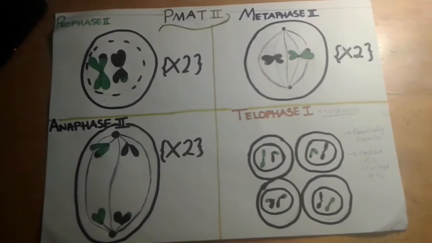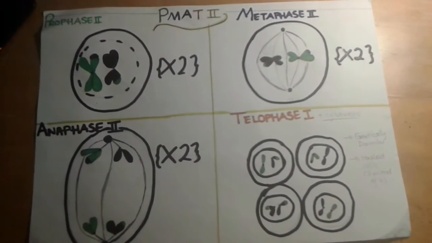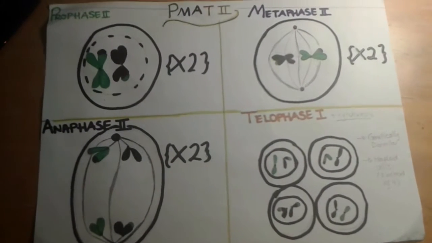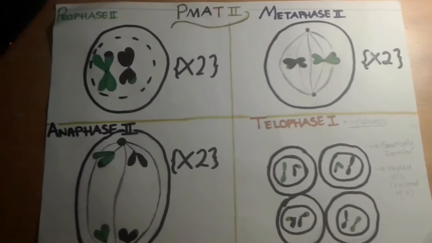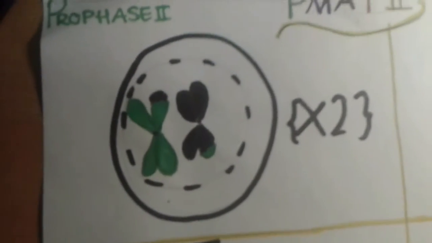meiosis. So PMAT2 is really the second part of meiosis. Just like a cake, when you cut it in half and there's one part and there's another part, this is the second part of meiosis. To help you remember, PMAT2. So first is prophase 2.